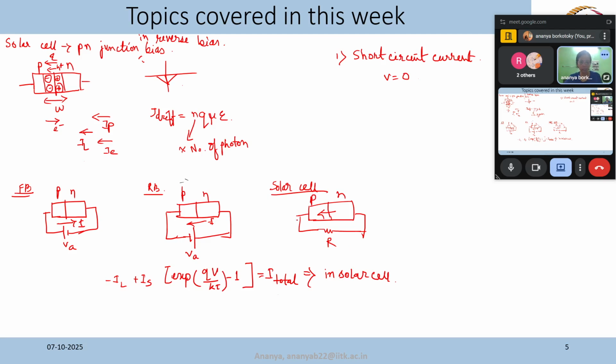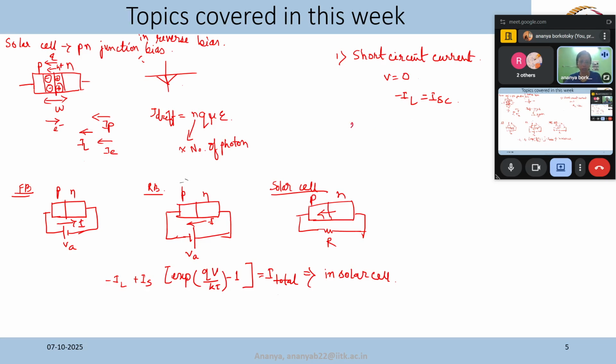In this case, that is the short circuit. So in this case our current will be minus IL, which is equal to ISC. Short circuit means V is equal to 0, the exponential is 1 minus 1, so this is 0, that is our short circuit current.